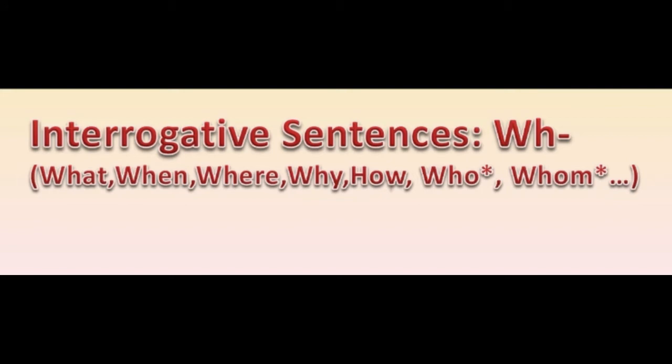As I have said, the WH words include what, when, where, why, how, who, whom. I have given a star mark to who and whom, which requires some special attention. So initially we will deal with the other WH words, and at the end we will handle these too.